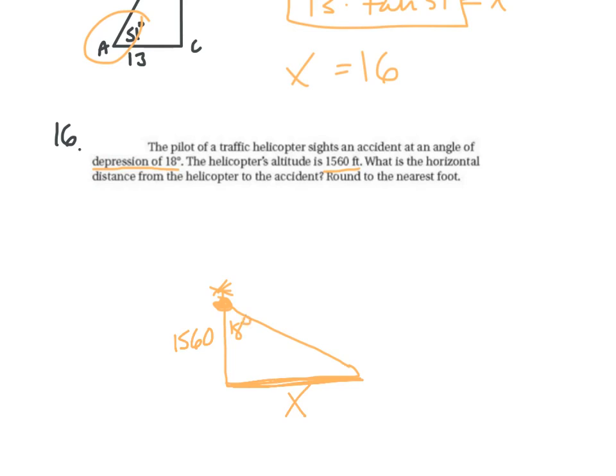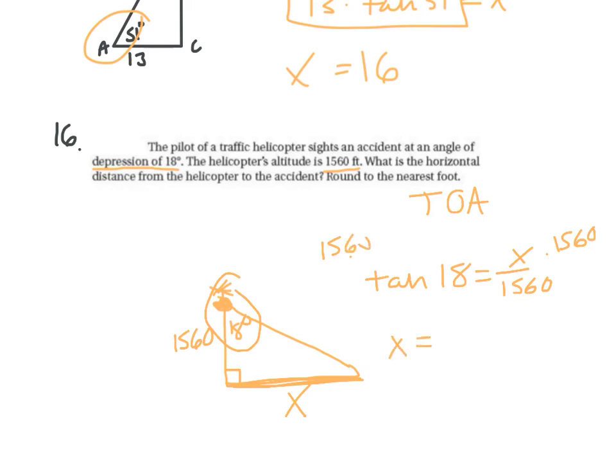So what can we do to find X? If we're looking at this angle, it gives us the opposite and adjacent. So which one involves opposite and adjacent? TOA. So we're going to use the tangent of 18, and that's going to be equal to X over 1,560. We multiply both sides by 1,560.